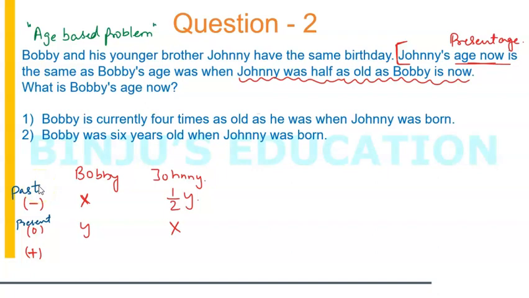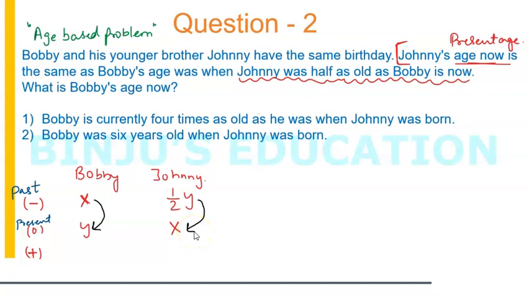Please don't mind that mistake, but the concept remains the same. Johnny's age now, which is X, is same as Bobby's age when, so that means you are again going to the past, X and X, when Johnny was half as old as Bobby is now. If Bobby's age now is Y, then at that point of time Johnny's age will be half of Y. Now remember one thing, the number of years by which Bobby's age has increased will be equal to the number of years by which Johnny's age would have increased, right?